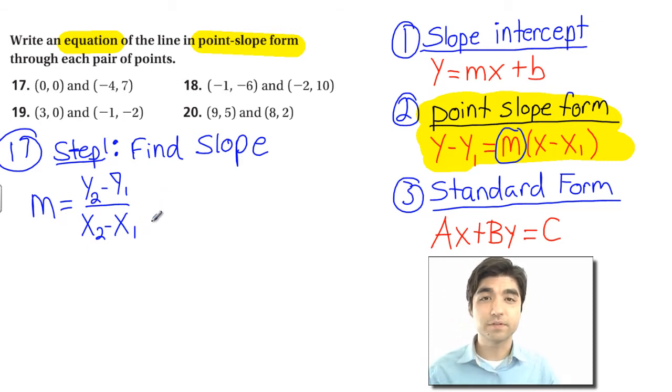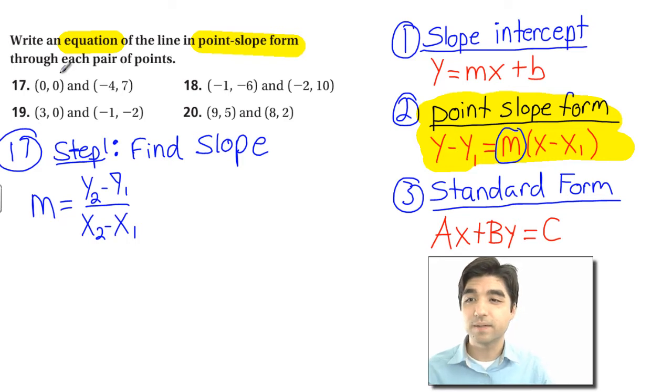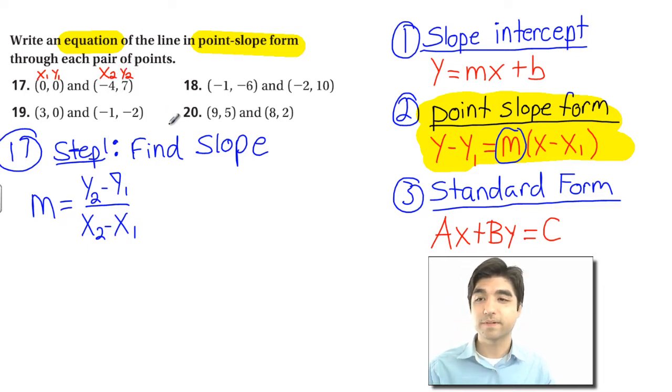Okay, and if you don't know where these y2s and y1s go, here's what they are. You go up to the points here, and then for the 0, 0, you put x1, y1, and then the second set of points you put x2, y2. So that's where those come from.